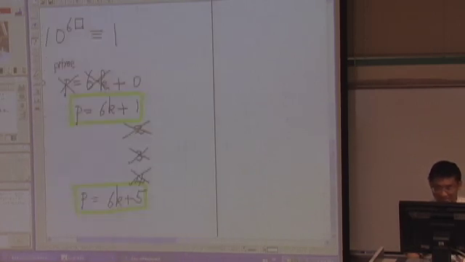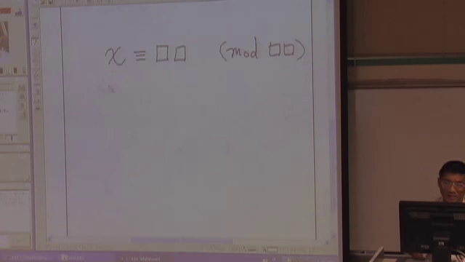So good. Oh, in fact, I should mention this on the exam. This is not exactly this one, but this type can be asked with 2 digits. In other words, x is congruent to a 2-digit number mod a 2-digit number, and x is congruent to another 2-digit number mod a 2-digit number.